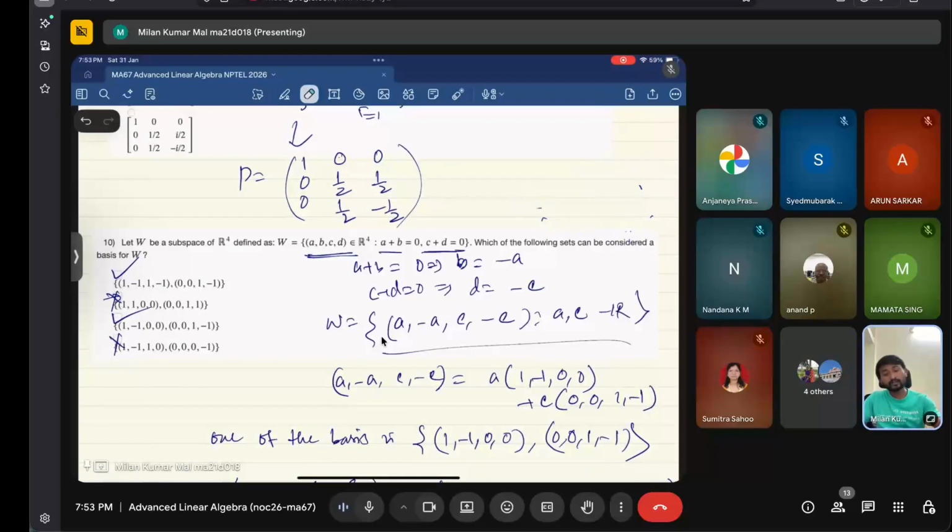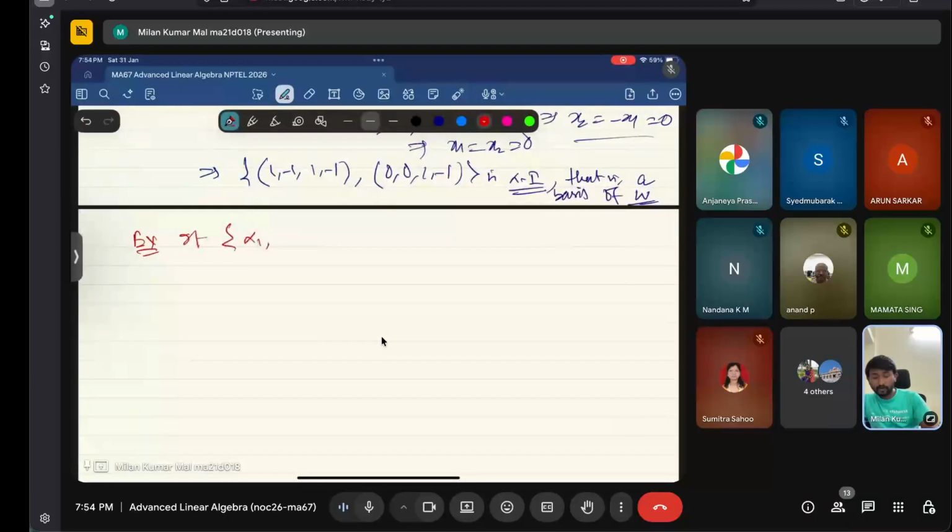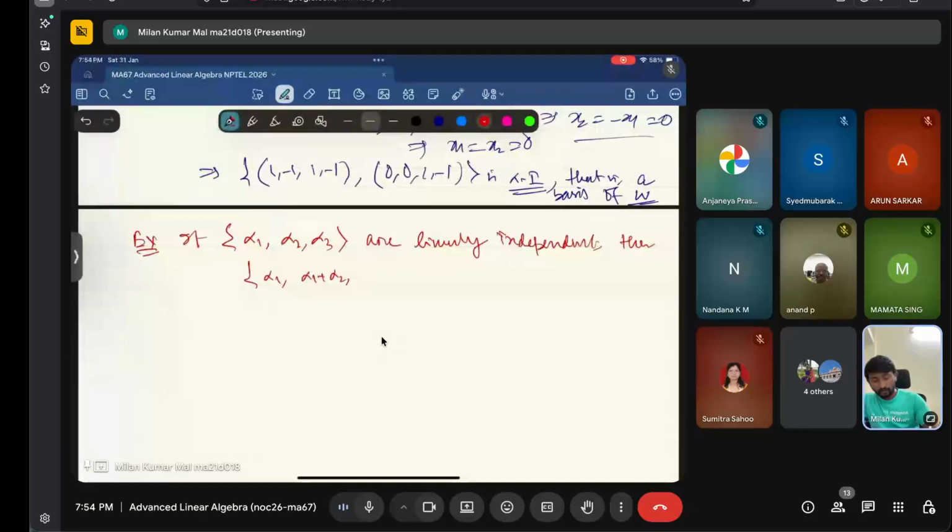So let me write this as an exercise, which you can check. This is not very difficult, it is very easy. If the set alpha 1, alpha 2, alpha 3 is linearly independent, then the set alpha 1, alpha 1 plus alpha 2, alpha 1 plus alpha 2 plus alpha 3 is also linearly independent.